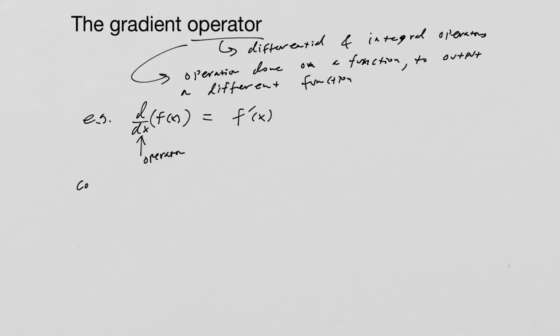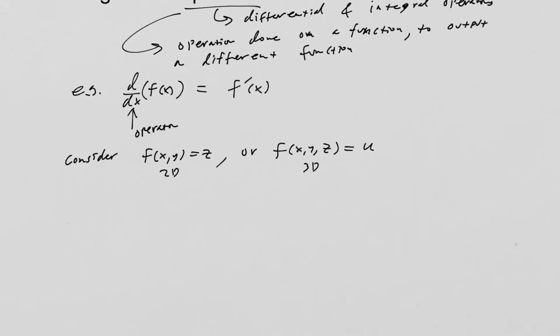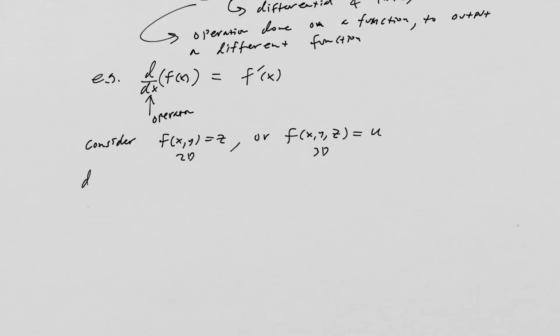So consider f(x, y) = z, or f(x, y, z) = u. Of course, this is in two independent variables, and here we have three independent variables. In either case, we can define this thing. We're going to define what we call this upside down triangle.